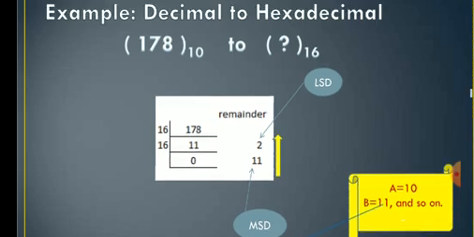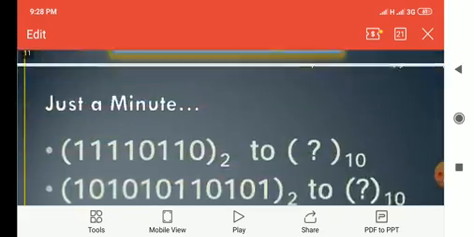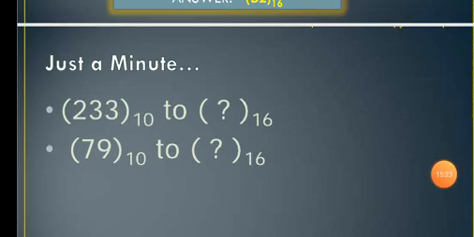I hope you will be understanding these conversions. Today we have discussed how to convert. Make a note of these questions. These questions you have to do as homework. 233 base 10 to base 16, that is you want to convert this decimal value into hexa, and then 79 base 10 to base 16, that is this number also you should convert into a hexa number.